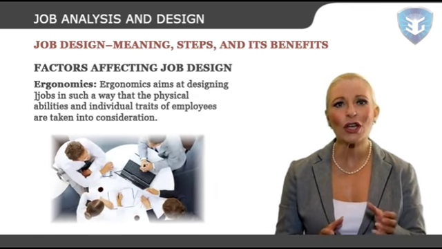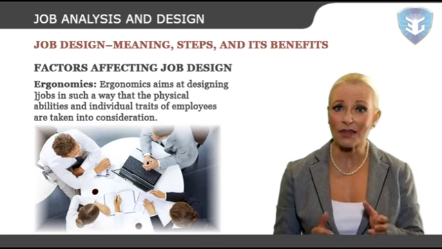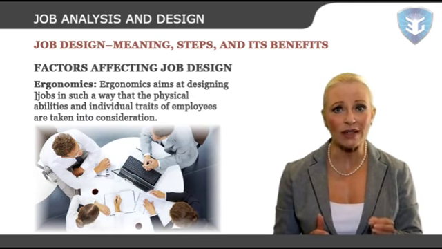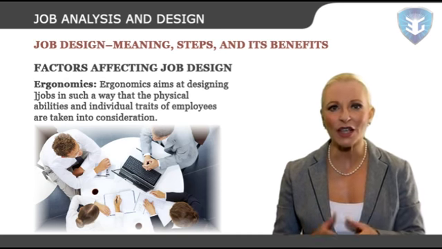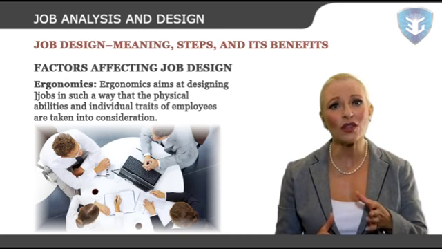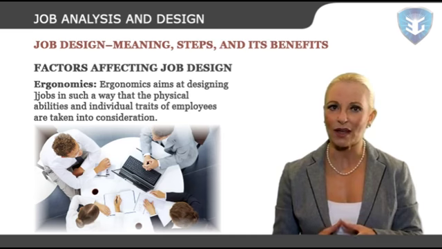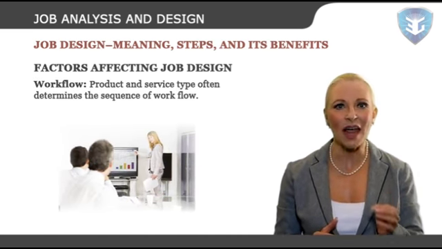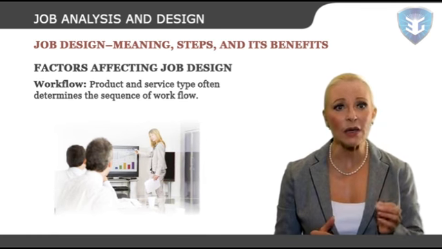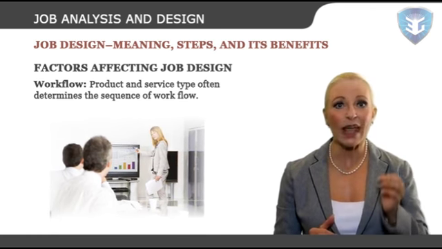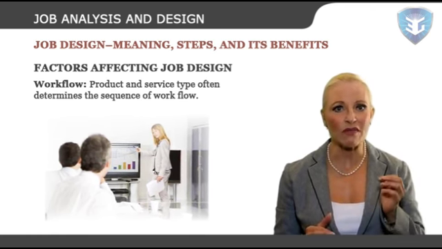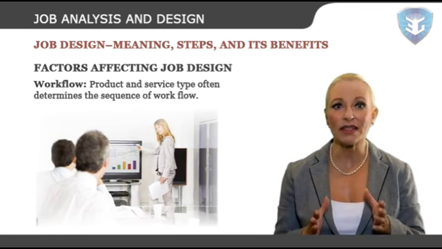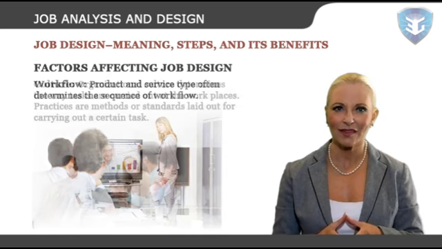And all these are to be taken into consideration while designing a job. Ergonomics. Ergonomics aims at designing jobs in such a way that the physical abilities and individual traits of employees are taken into consideration so as to ensure efficiency and productivity. Workflow. Product and service type often determines the sequence of workflow. A balance is required between various product or service processes, and a job design ensures this.